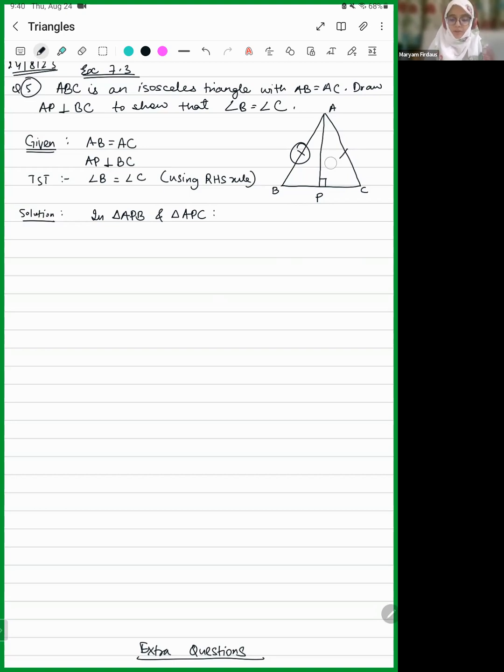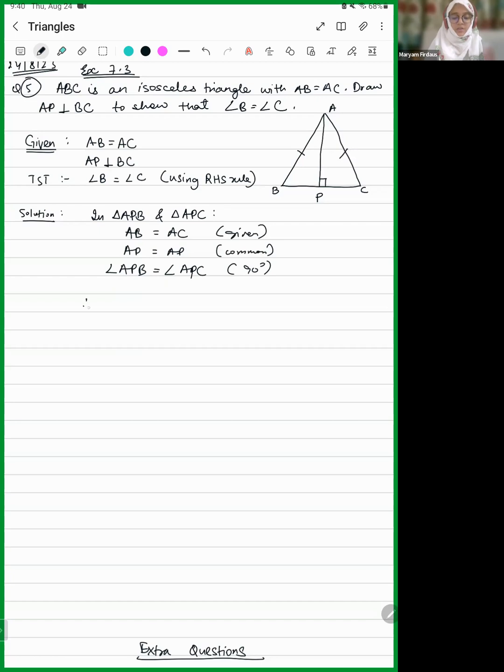Okay. So over here, we will just say these two sides, AB equals AC, given, and AP equals AP, common side, and angle APB is equal to angle APC, because it is 90 degrees and it's given.